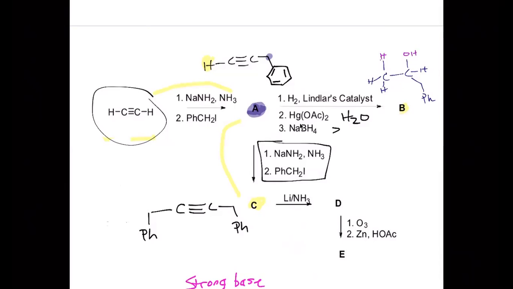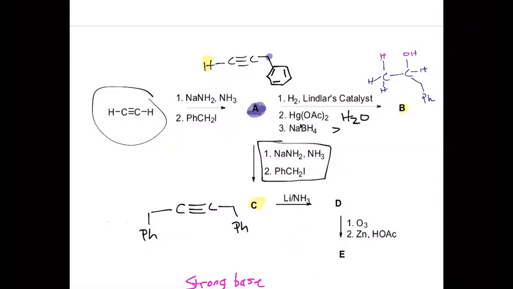Yes, okay. It's the same reaction. But my starting material, instead of being the alkyne, ethyne, is actually A, which I made from ethyne and then sodium amide, followed by benzyl iodide. All right. So it's the same reaction, but it's gonna happen on the other side. All right. We okay with that?